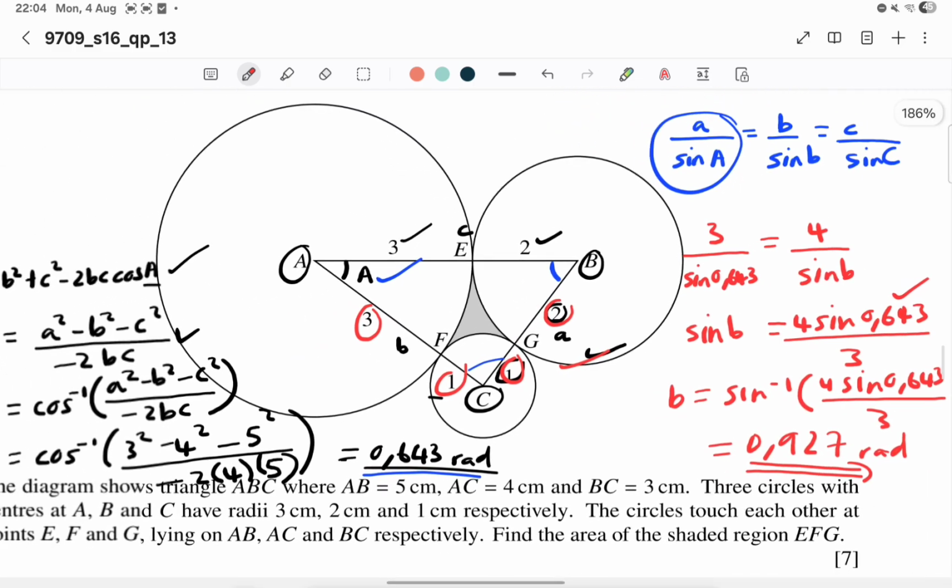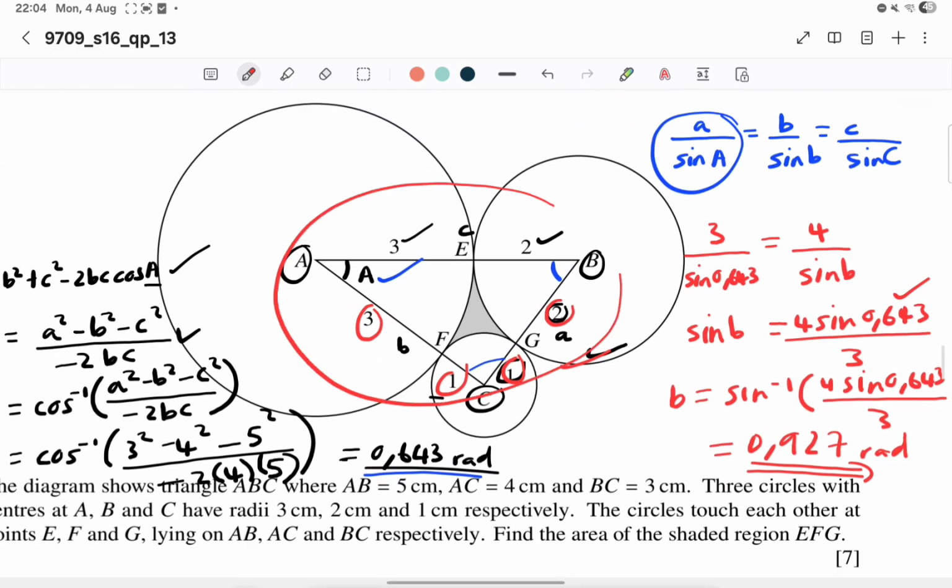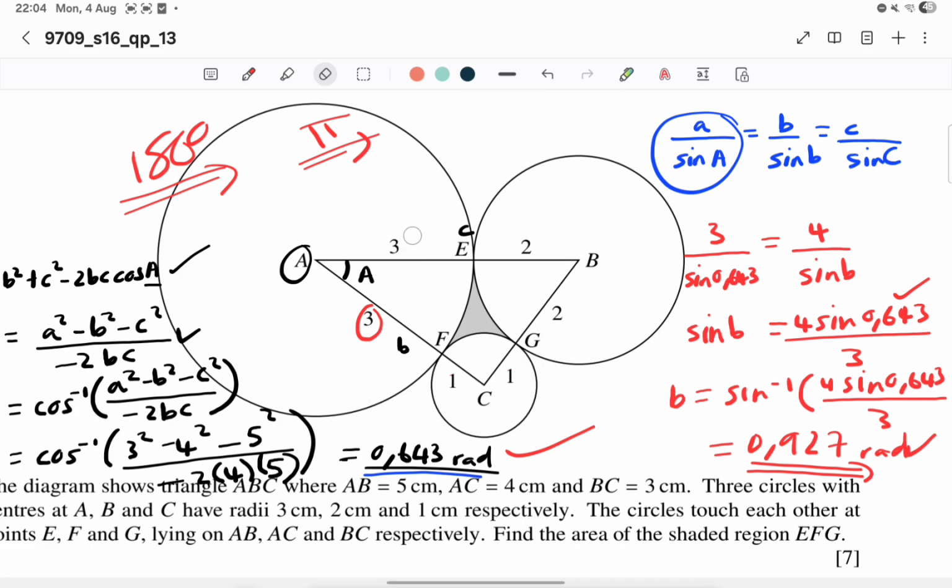With these two angles, we know angles in a triangle add up to 180, and 180 in radians is pi. So we're going to subtract these two angles from pi to get the last angle at C. So it's pi minus 0.643 minus 0.927.